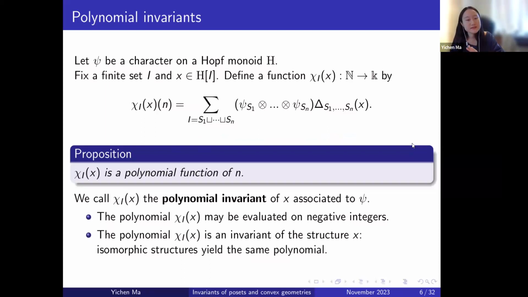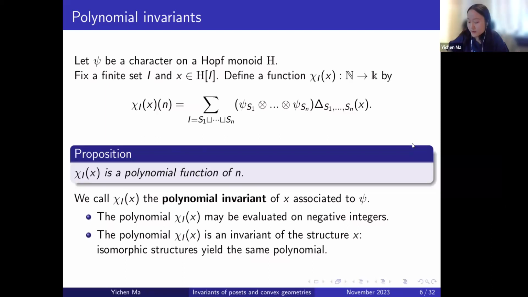Since this is a polynomial in n, we can evaluate it on negative integers. I will introduce how we evaluate in the next slides. This is also indeed an invariant of a structure X, because isomorphic structures will yield the same polynomial.